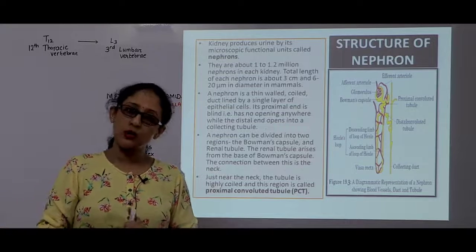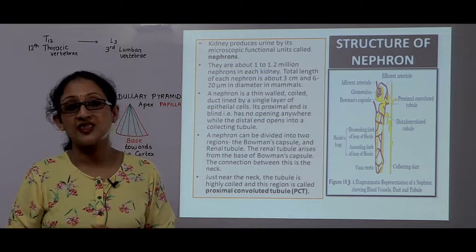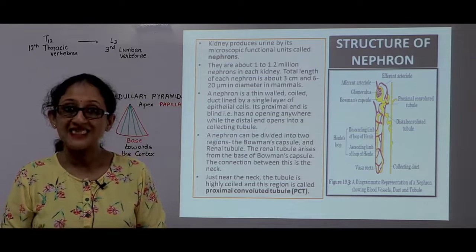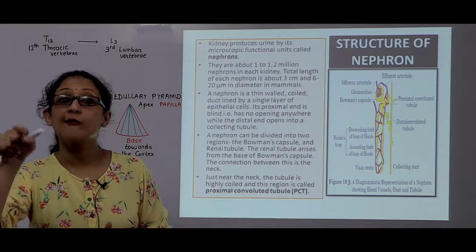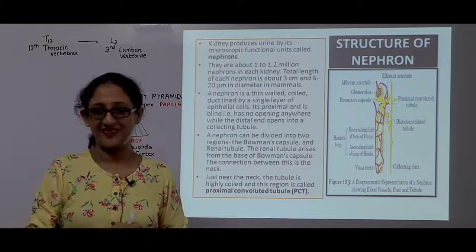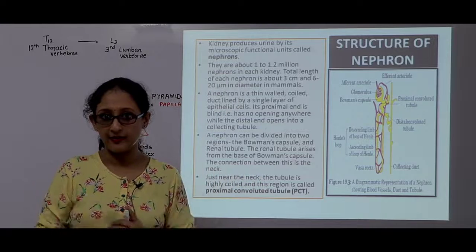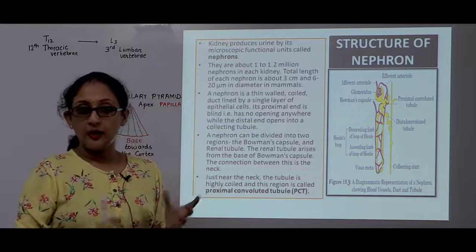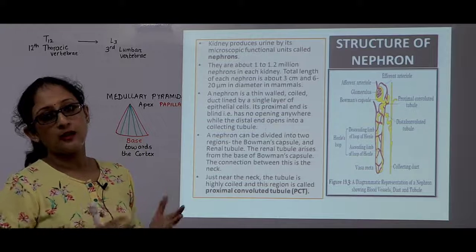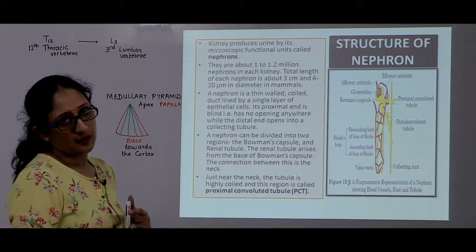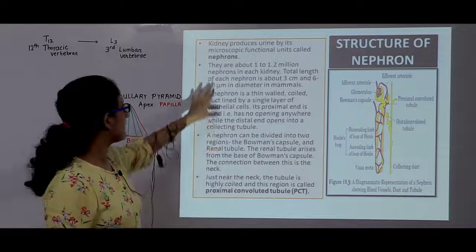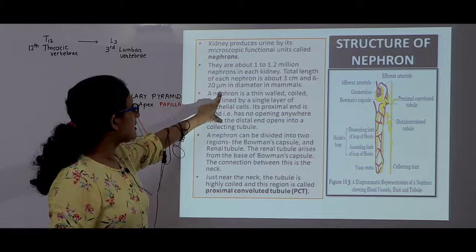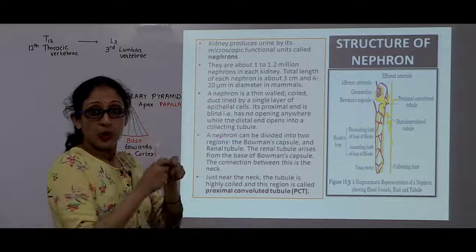So if they ask you the number of nephrons in the human body, the answer is 2 to 2.4 million. That's too much. So in one kidney you have 1 to 1.2 million, and in the human body 2 to 2.4 million.